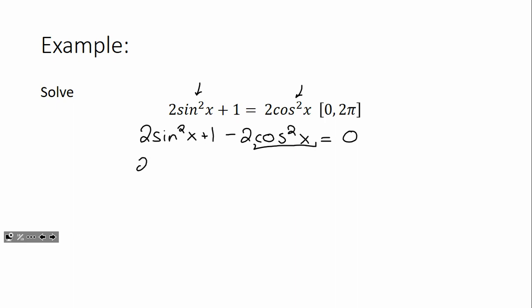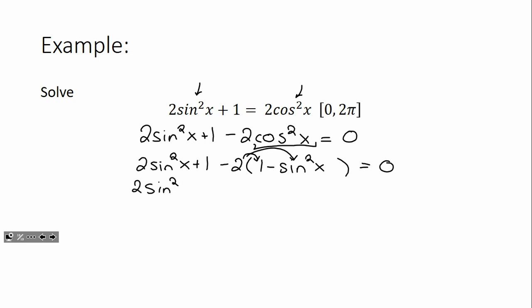I'm going to write this as 2 sine squared x plus 1 minus 2. And in my bracket, I'm going to write it as my 1 minus sine squared x equals 0. From here, I'm going to expand my bracket. I'm going to get 2 sine squared x plus 1 minus 2 plus 2 sine squared x equals 0.